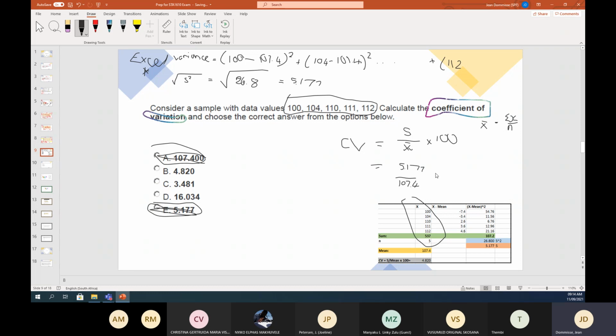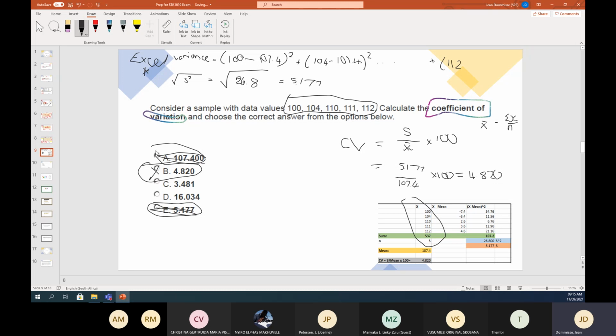But remember, we need to multiply that by 100. And that then is 4.820, which is that one. Okay, so that is your correct one.